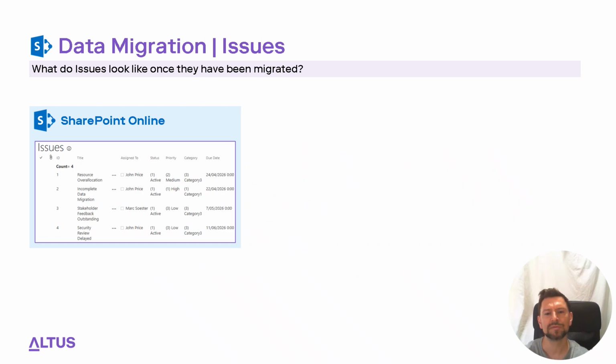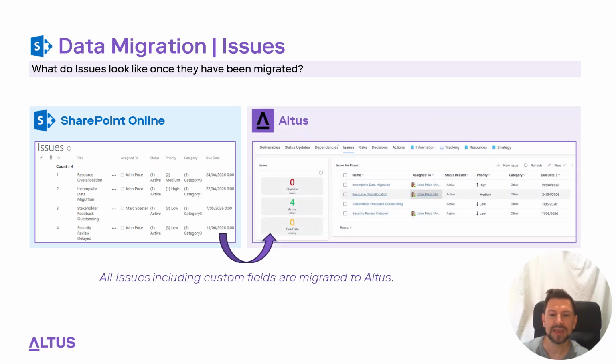A similar look and feel for issues as well. So on the left hand side, seeing that issue list inside of SharePoint Online, and then when we go over onto the right hand side, seeing that as it looks inside of Altus. It's worth noting here that one of the Achilles heels of the SharePoint Online lists was that people could go in and start messing about with the configuration that had been pushed out by the enterprise PMO.